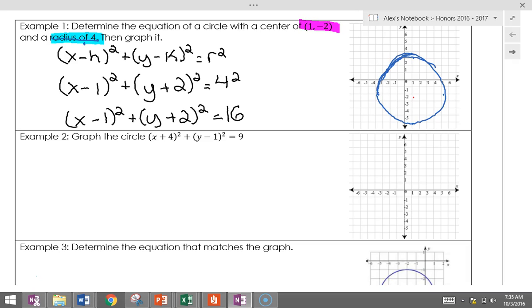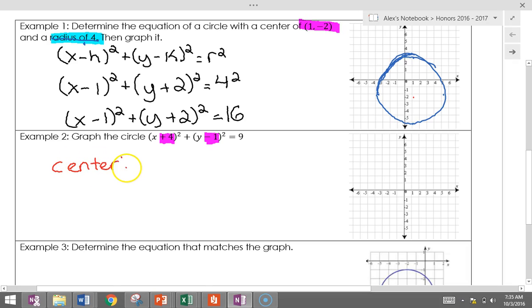All right, looking at example 2, same type of thing. I'm graphing the circle (x plus 4) squared plus (y minus 1) squared equals 9. The same type of thing, but opposite. My center comes from what's with x and what's with y. Remember to switch the sign. The sign always flips.